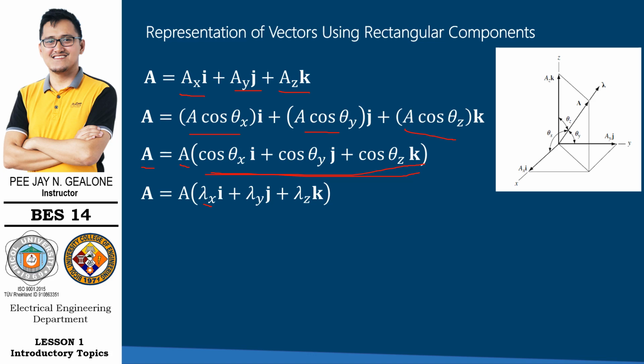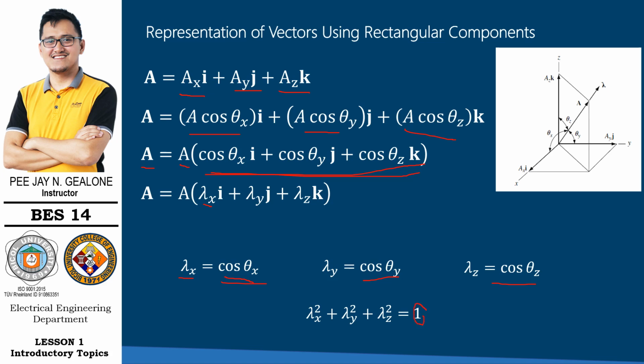Makikita natin that if we are to relate them, lambda x is simply cosine theta x, and then lambda y is cosine theta y, and then lambda z is cosine theta z. Furthermore, since this is a position vector, ang kanyang value kapag kinuha natin ang sum of the squares ng bawat isa will be equal to 1.